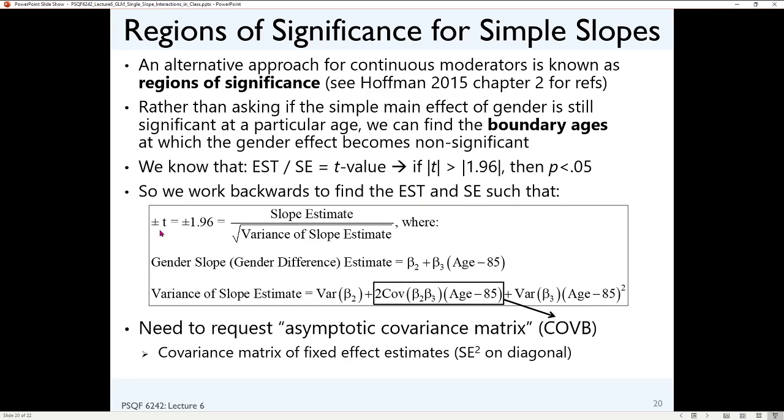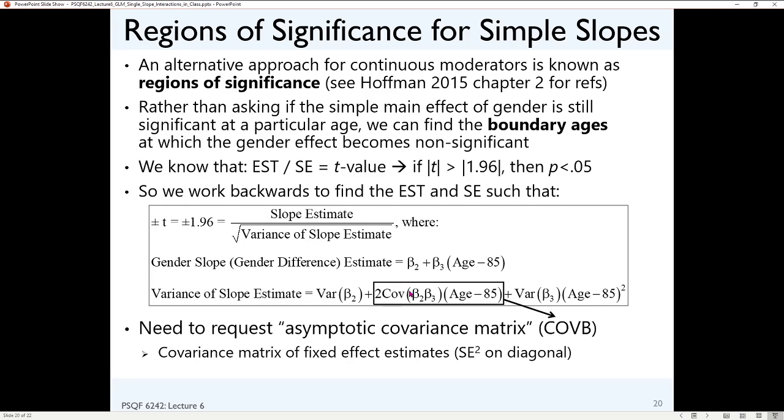So if we know that t is made of the estimate divided by the standard error of the estimate, so the square root of the sampling variance for the estimate, and we know that the gender slope is created using this equation, that means the variance of the slope estimate is created using this equation. We need to get the asymptotic covariance matrix to be able to get this term right here, the covariance for the slopes of the gender effect and the interaction term.